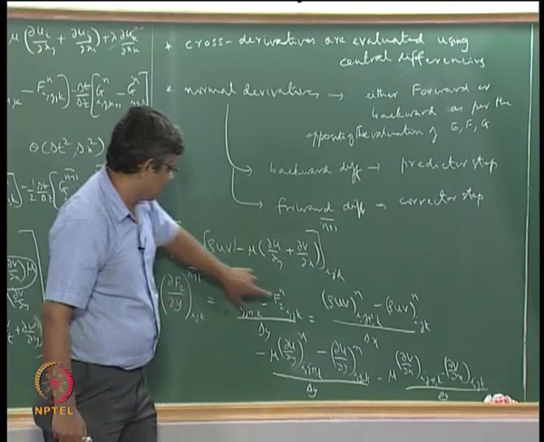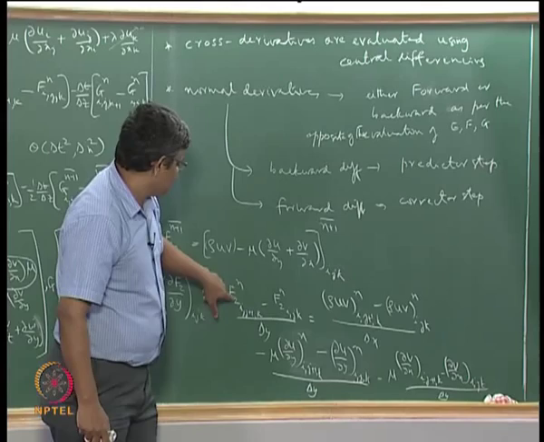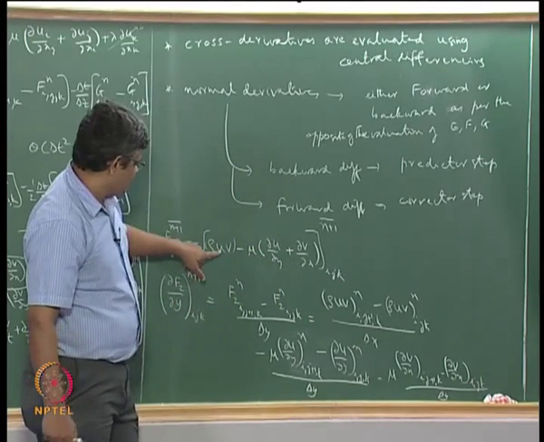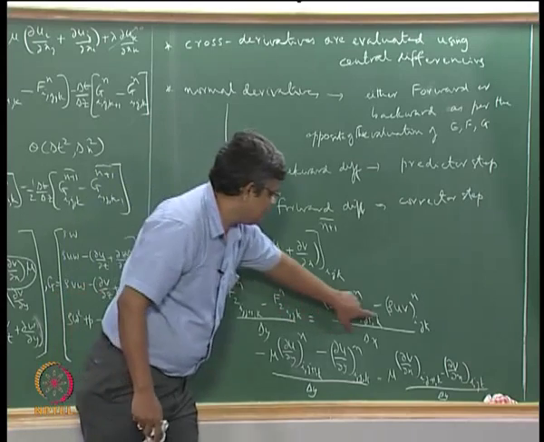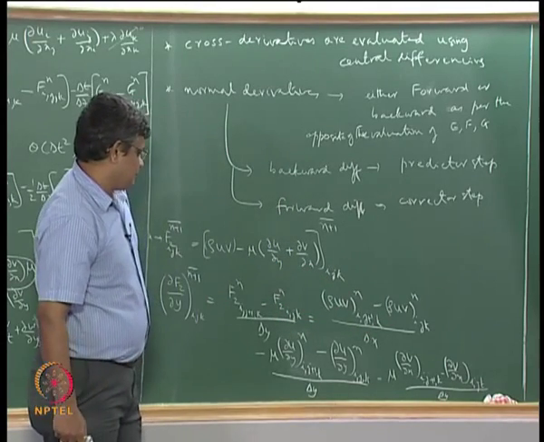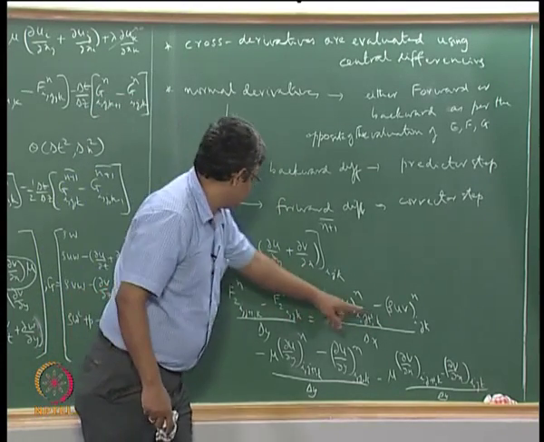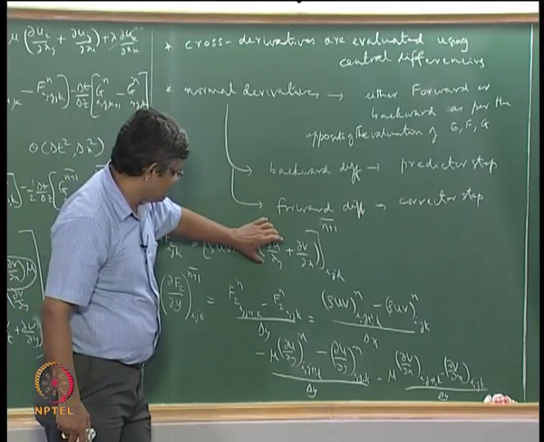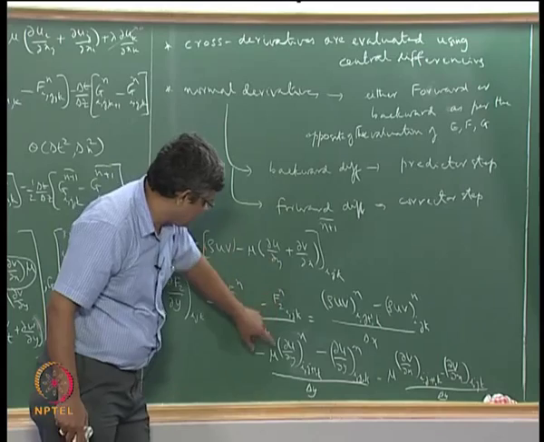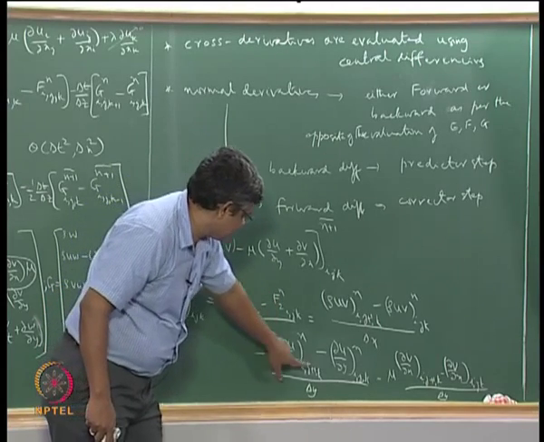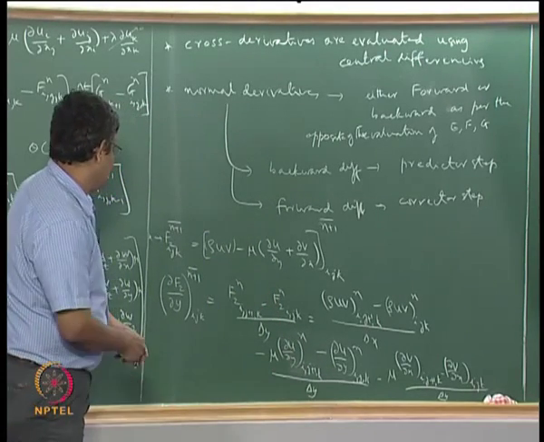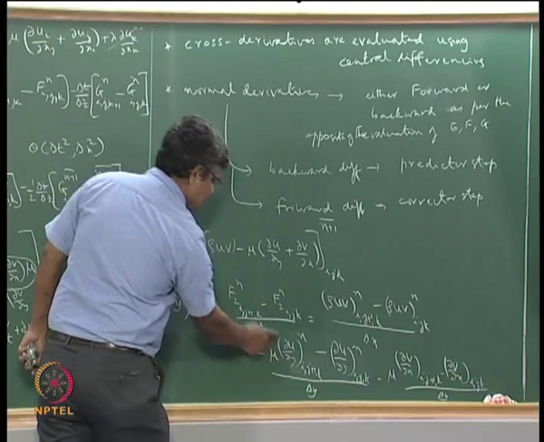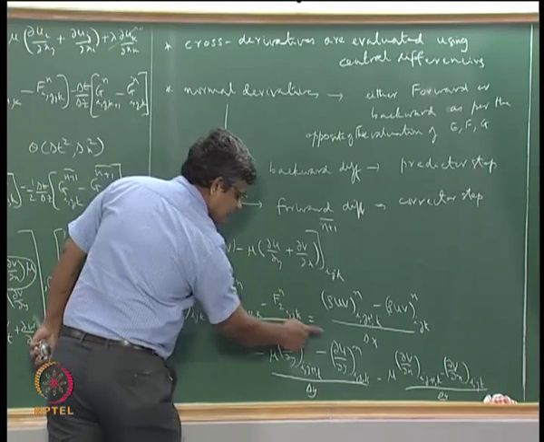Since f2 has 3 components, each of the 3 components has to be evaluated. So this has to be evaluated in this way. Okay, that is straightforward, there are no derivatives here, but you have derivatives here. So this term has to be evaluated, this term is this term here, and again this term at ijk.